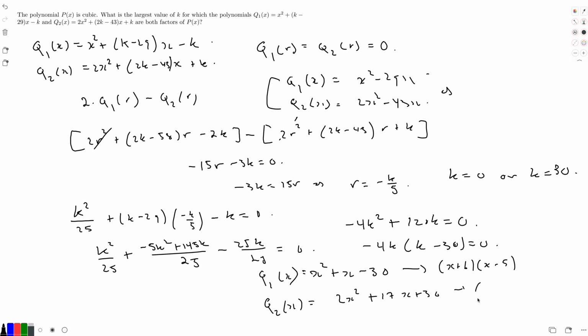And q2 is 2x squared plus 12x plus 5x plus 30, which is 2x times (x plus 6) plus 5 times (x plus 6), so x plus 6 times 2x plus 5. And this is perfect, because now our polynomial will be x plus 6 times x minus 5 times 2x plus 5. So therefore k is equal to 30. And we are done.